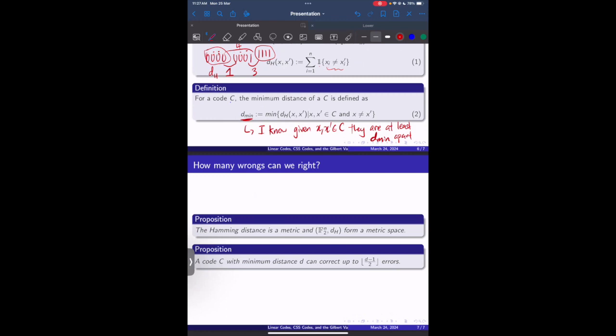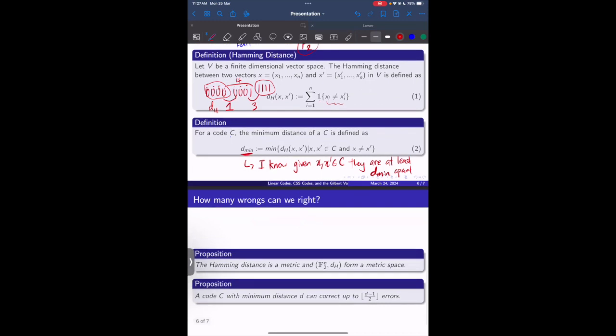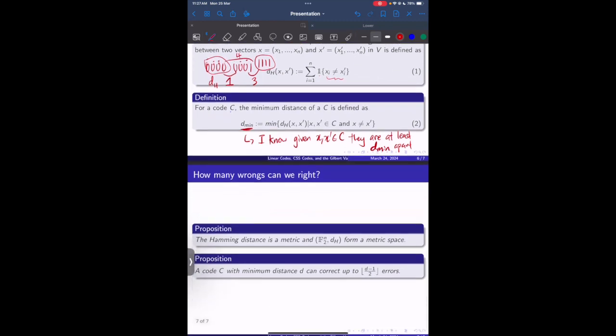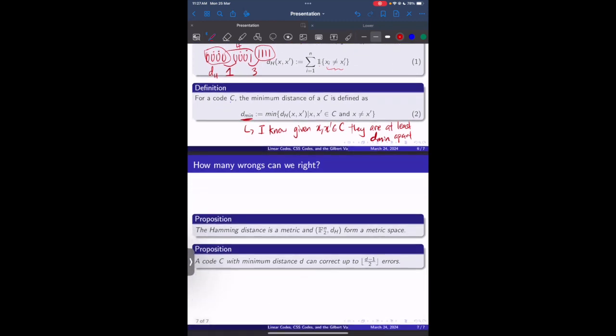So first to get this out of the way, yes, the Hamming distance that we discussed earlier obeys all the properties of a metric. So the set of bit strings together with the Hamming distance form a metric space. What does that mean?